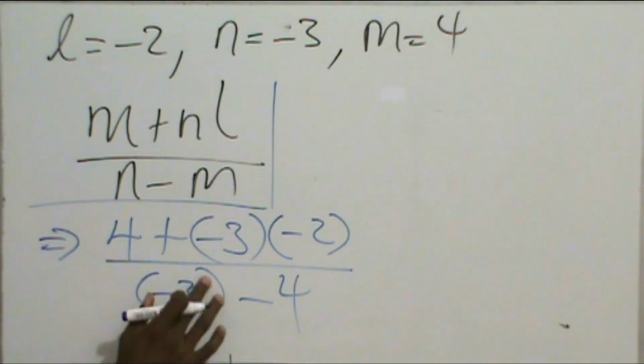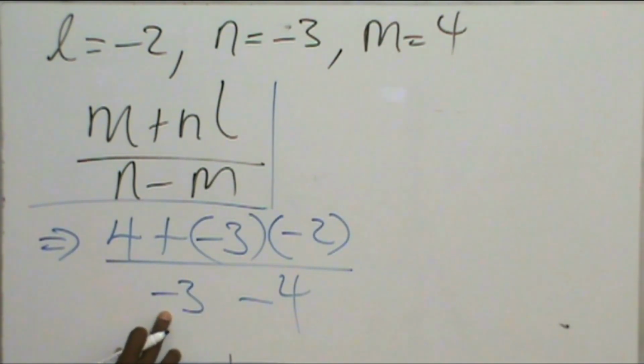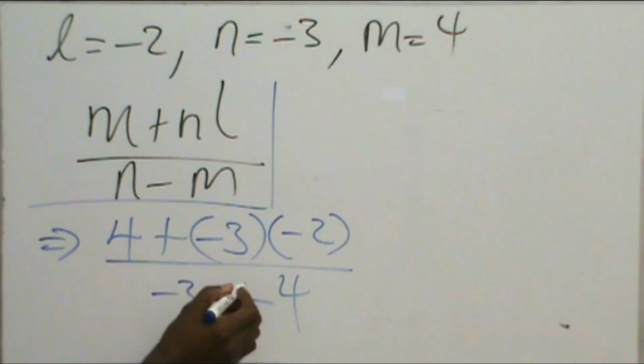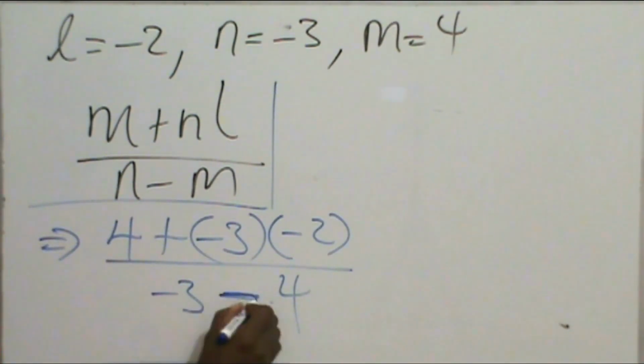The brackets here are optional because we're not really multiplying. But if you had put brackets around the minus 4, it would be minus 3 multiplied by minus 4, which it is not, because this minus sign here is the same as this minus sign here.